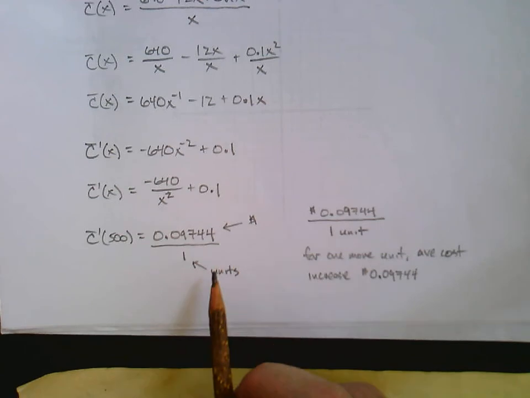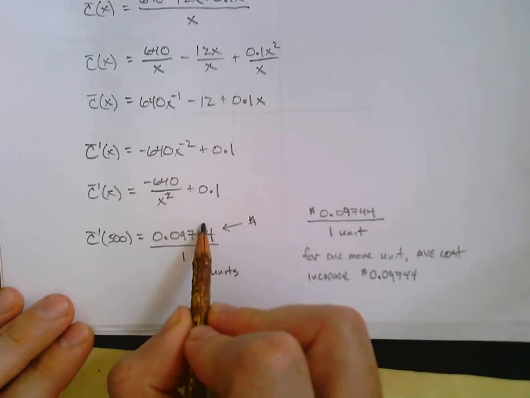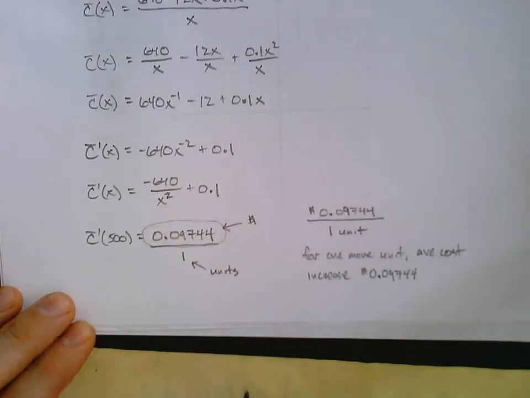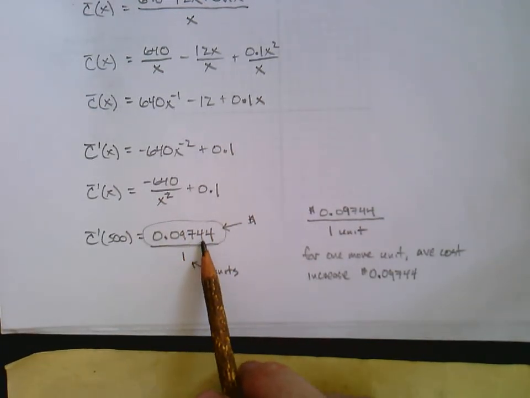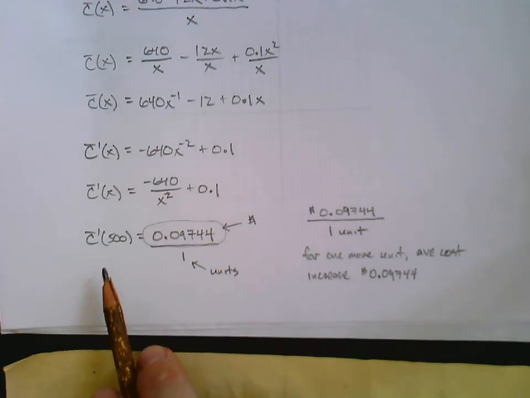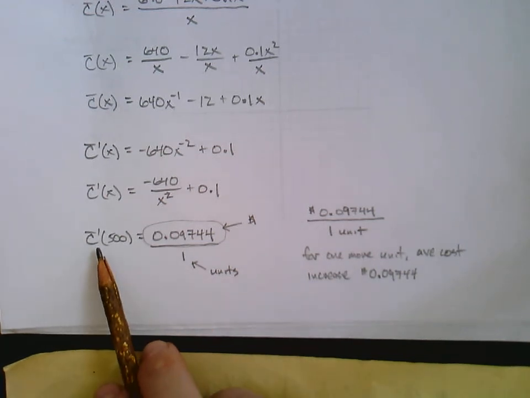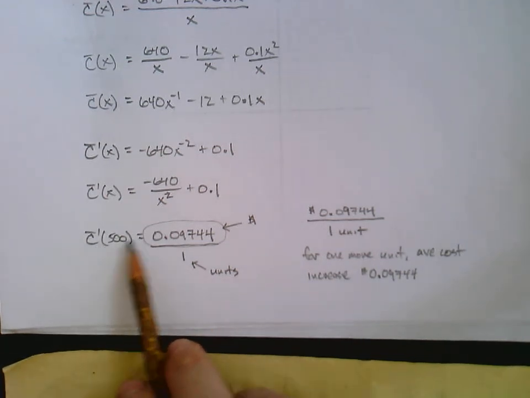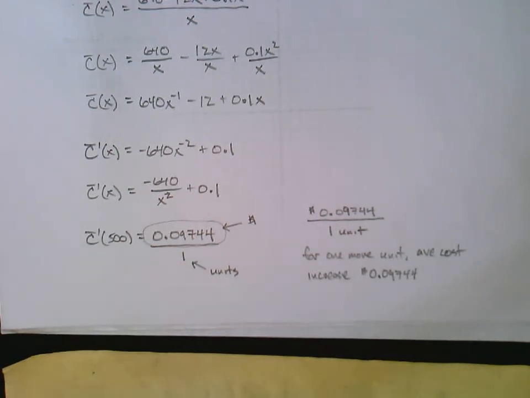And you see I've got some notes here, and this is our answer. Just what's there on top. But what you see around it is an interpretation. What does that even mean, 0.09744? The marginal average cost. Okay, so let's think about the units. What's on top is a dollar amount, and what's on the bottom is the number of units. Always remember, derivative is a slope.